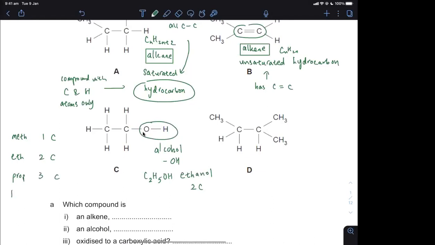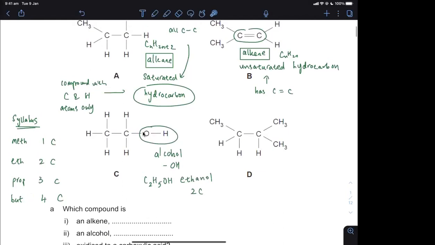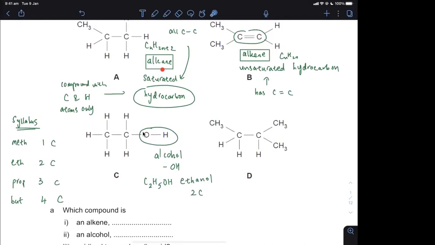You got to know until at least 4 carbons as required in your syllabus. This is stated in the Combined Science 5129 syllabus that candidates should know up to 4 carbons: meth, eth, prop, and but. This would be methane, ethane, propane, butane. There's no 1-carbon alkene because you need at least 2 carbons for a carbon-carbon double bond. So what you have is ethene, propene, butene. Here you have methanol, ethanol, propanol, butanol, something like that.